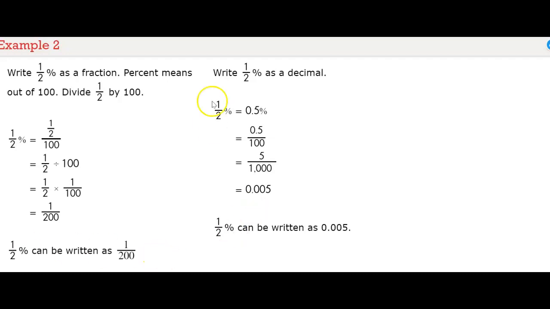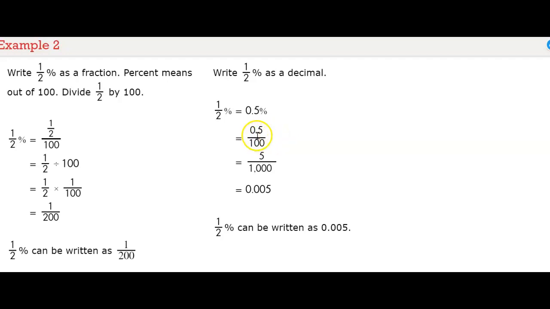And then you have to write it as a decimal. They show here 0.5% as a decimal is 0.5 or 5/10. Like 50 cents is half a dollar. And so you have the 0 and 5/10 over 100. And then here you have, because you need to make the decimal a whole number, you move that decimal over 2 places.